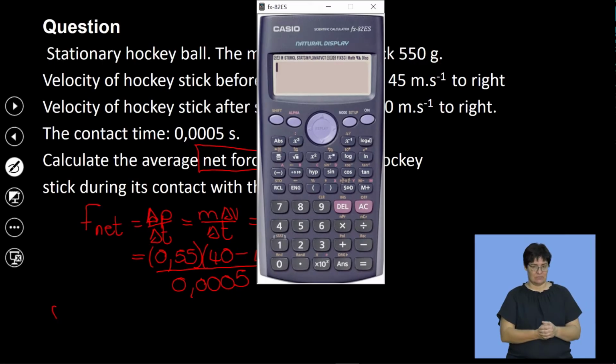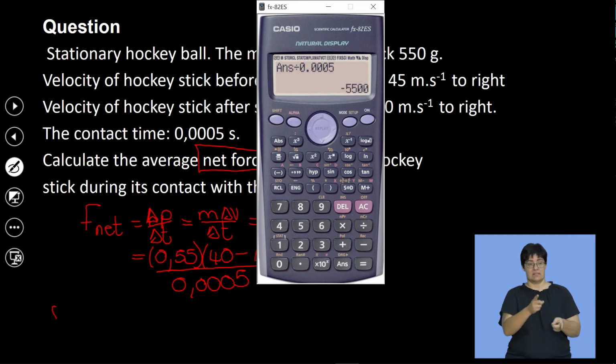So, calculator, okay? So we're going to go 0.55 times, now I need to use my brackets, 40 minus 45. I like to do it like this. So now we're going to get equals. That's the top part of the fraction. Now I'm going to divide that answer by 0.05, okay?